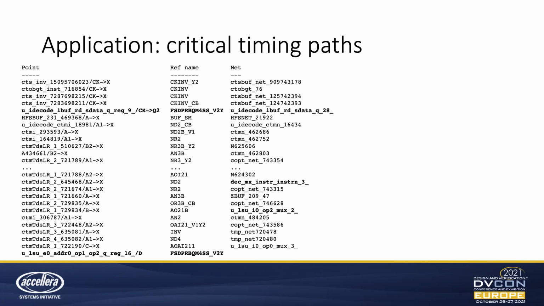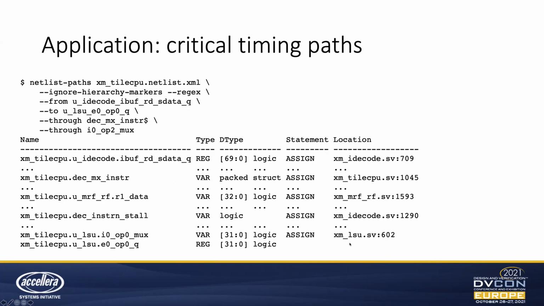Things to point out here are that you've got a register start point, a register end point, and a lot of intermediate cells in between. Most of them have automatically generated names. This is because the design is highly optimized, and much of that original source correspondence is lost. I've highlighted two original source names, which are useful, as I'll explain now.